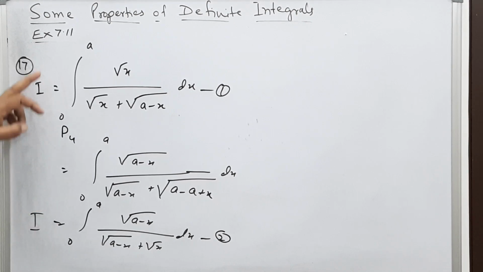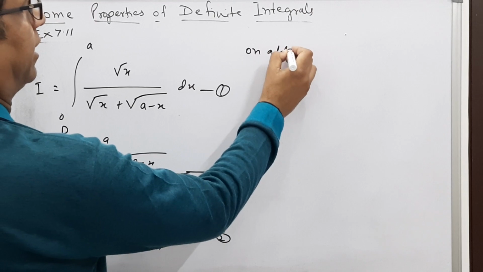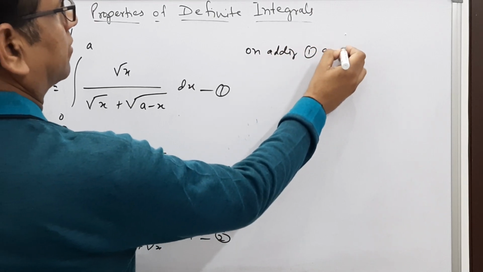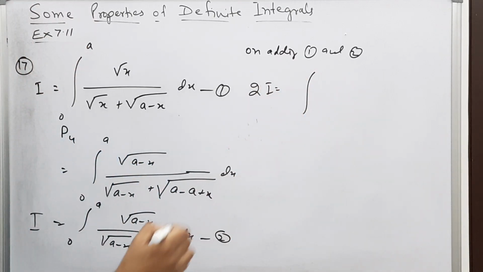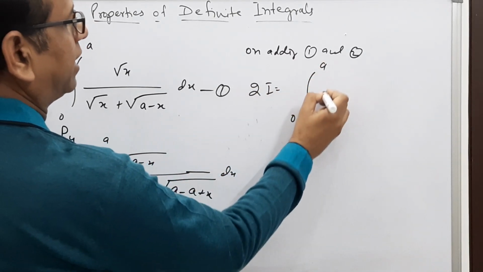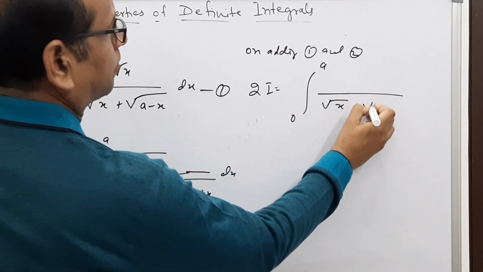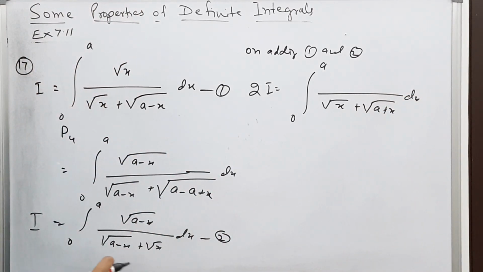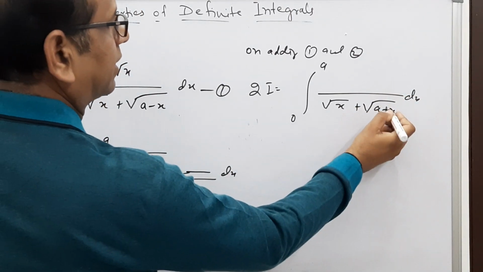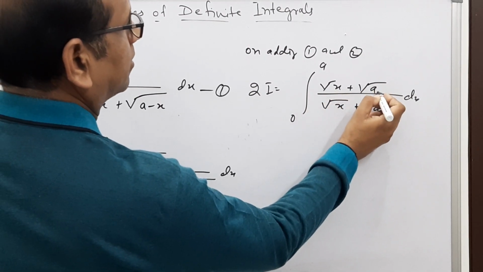Now if you add these two, you see the denominator is the same only. So on adding first and second, we get 2I equals to 0 to a, root x plus root a minus x dx, and the denominator will be also root x plus root a minus x.